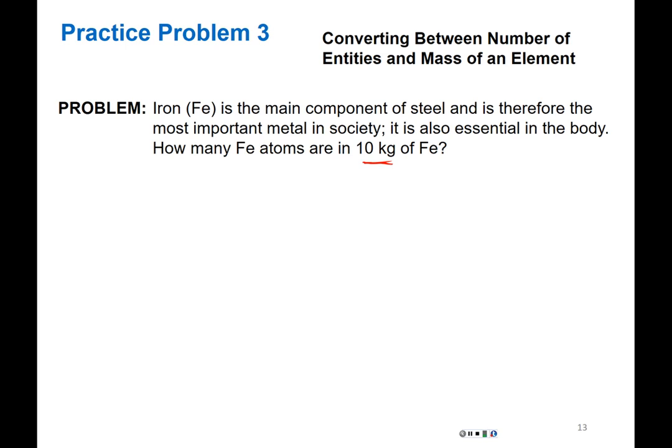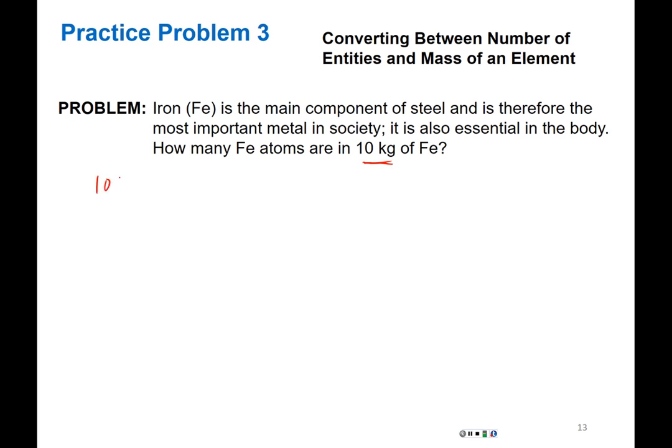So really the first thing we need to do is to convert our mass into grams, because the atomic weights are in grams per mole, not kilograms per mole. And this is something you probably can do in your head.